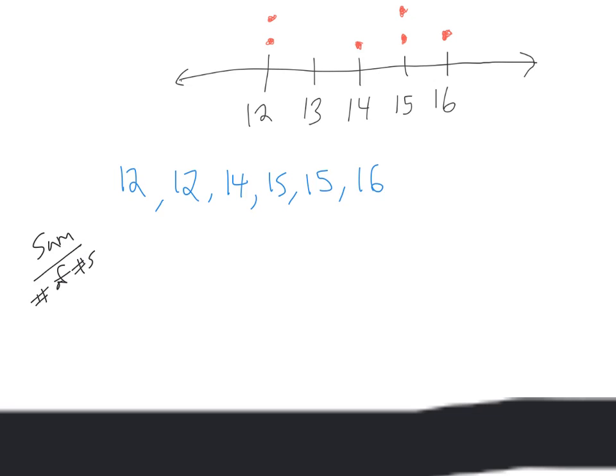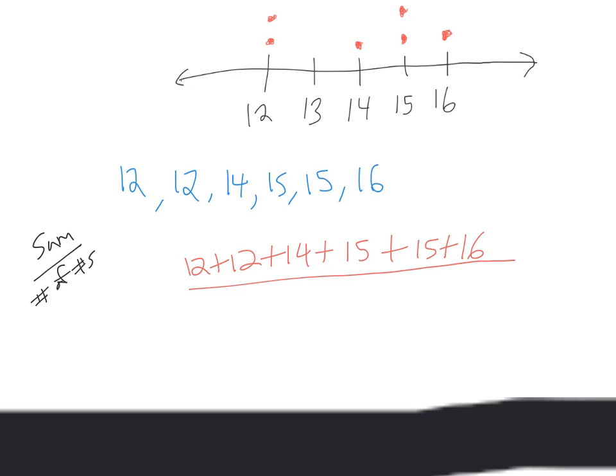So here we go. 12 plus 12 plus 14 plus 15 plus 15 plus 16 divided by, how many numbers do we have here? 1, 2, 3, 4, 5, 6, divided by 6.